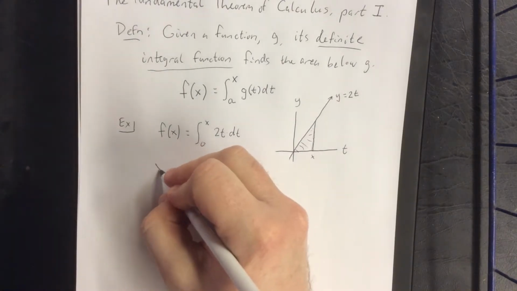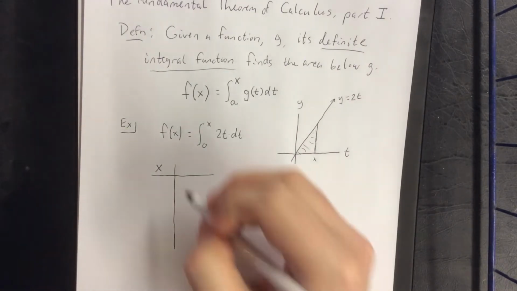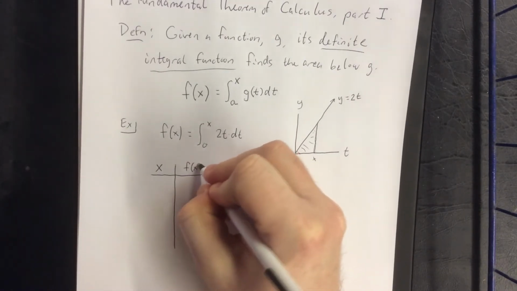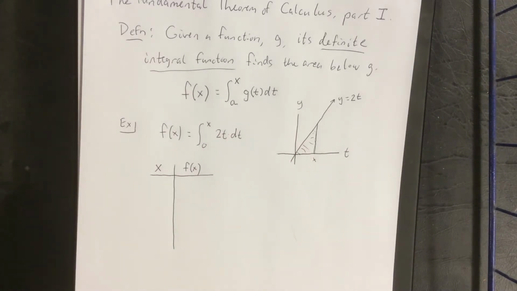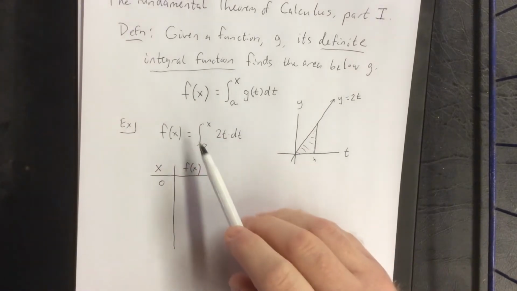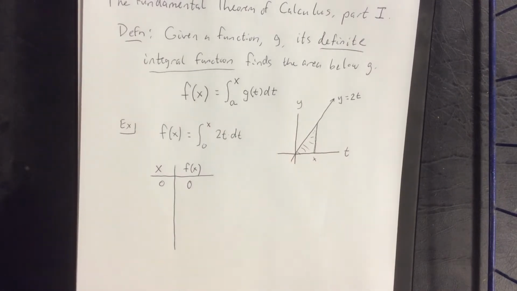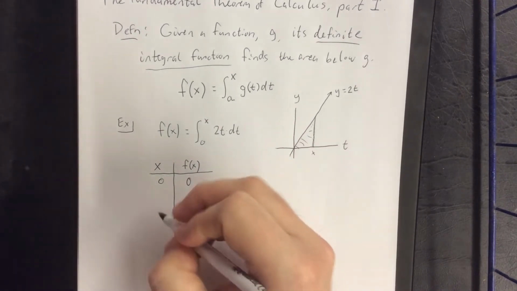So what I'm going to do is calculate several different values by plugging in values of x, and then calculating the corresponding area that would be underneath the curve. Now, using a property of definite integrals from the previous section, if I plug in x equals 0, we would have the definite integral from 0 to 0, and as soon as we have the definite integral from 0 to 0, it doesn't really matter what the rest is.